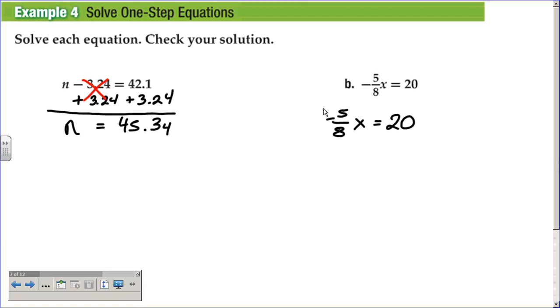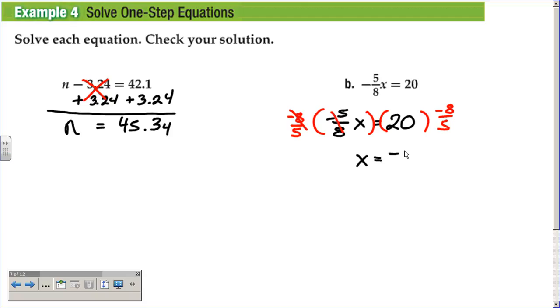So let's multiply this side by negative 8/5, and we will multiply this side by negative 8/5 as well. Okay, these will all be gone. This and this multiplied together gives you 1, so we will have just x left over here. And remember, we're going to multiply a positive times a negative, so our answer is going to be negative.